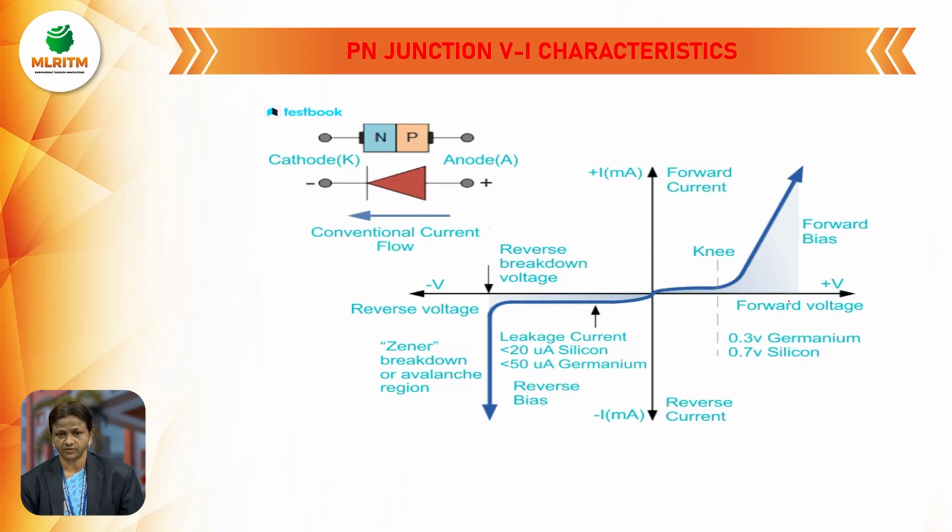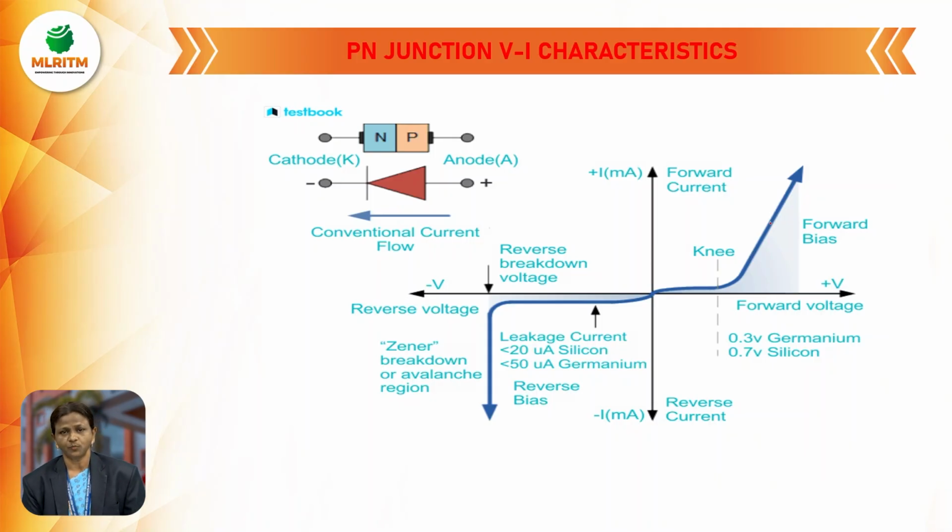whenever PN junction diode is in forward bias, from this forward VI characteristics, on this operating region, if we consider any point, suppose Q, what is the corresponding voltage? You can draw one vertical line on the x-axis, that corresponding voltage is suppose V1.